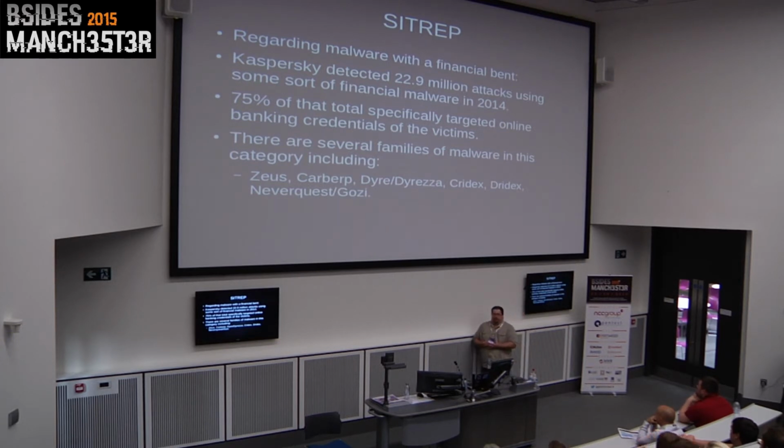GameOver Zeus being, I guess, the most high-profile one. The infrastructure for that was sinkholed and traffic dropped off the face of the earth. However, the individual believed to have created the Zeus malware is still enjoying himself on the southern Black Sea coast and will likely never be extradited to somewhere he can be brought to justice, because that's just how the world is.